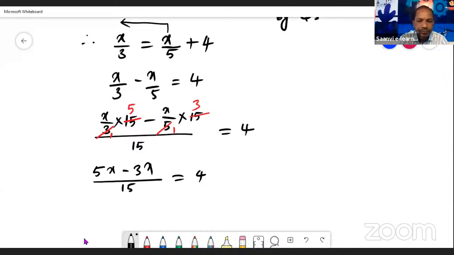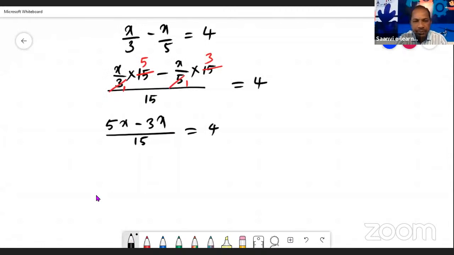Okay, children? Now simplify it. 5x minus 3x, 5 minus 3 is equal to 2. The same way, 5x minus 3x is equal to 2x by 15, that is equal to 4.